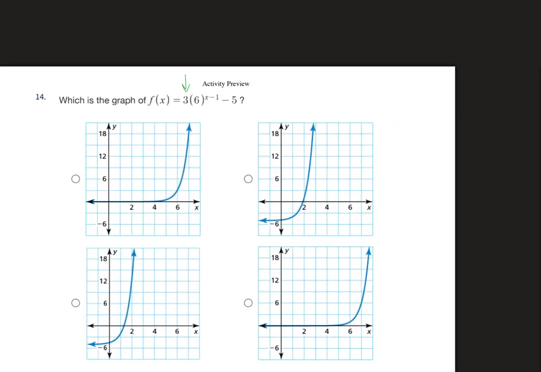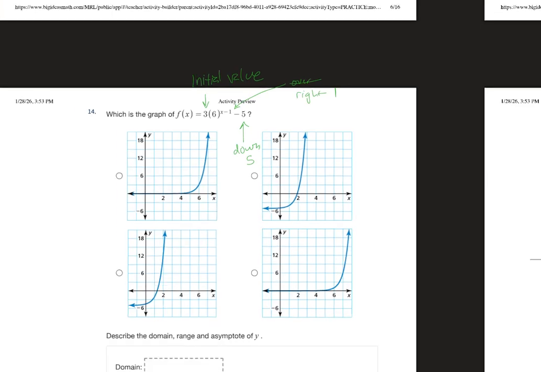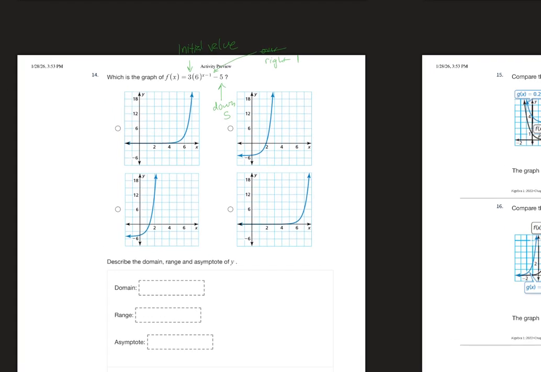There's that one. Let's move on to 14, which is the graph of this. We have an initial value. We've moved it down 5. And then this thing is over, I shouldn't say over, we moved it right 1. Okay. So, I mean, let's go with our initial value idea of 3.